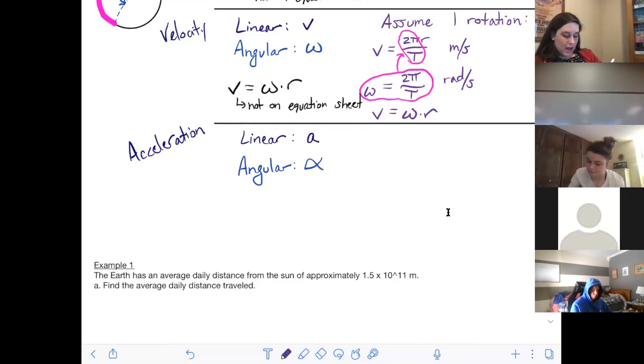We know linear acceleration can be defined as your change in velocity per change in time, which, since we know that linear velocity is equal to angular velocity times r, we could write as change in angular velocity times r over time.